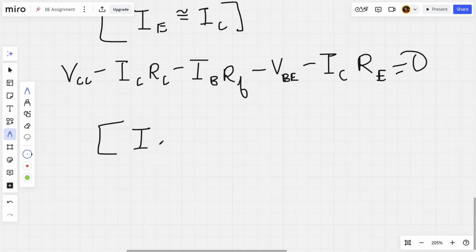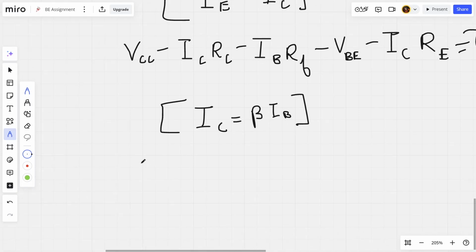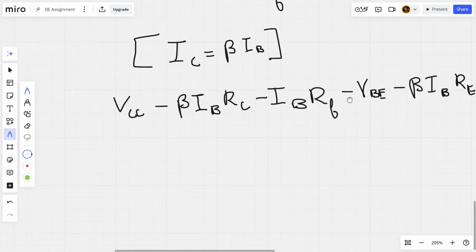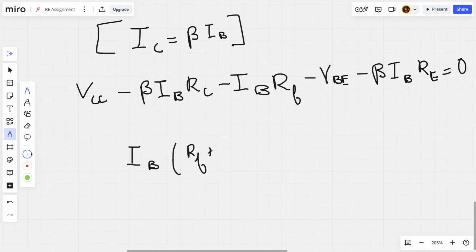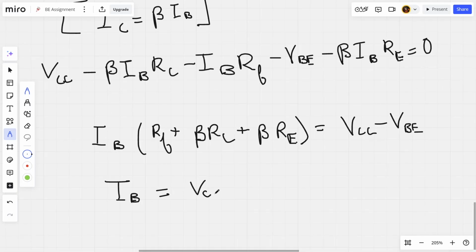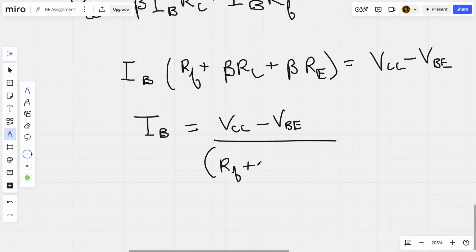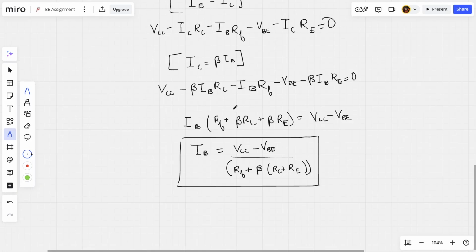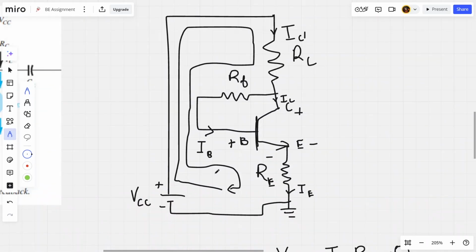We know IC is beta times IB. So finally, we get the value of IB as this from applying KVL in this loop.